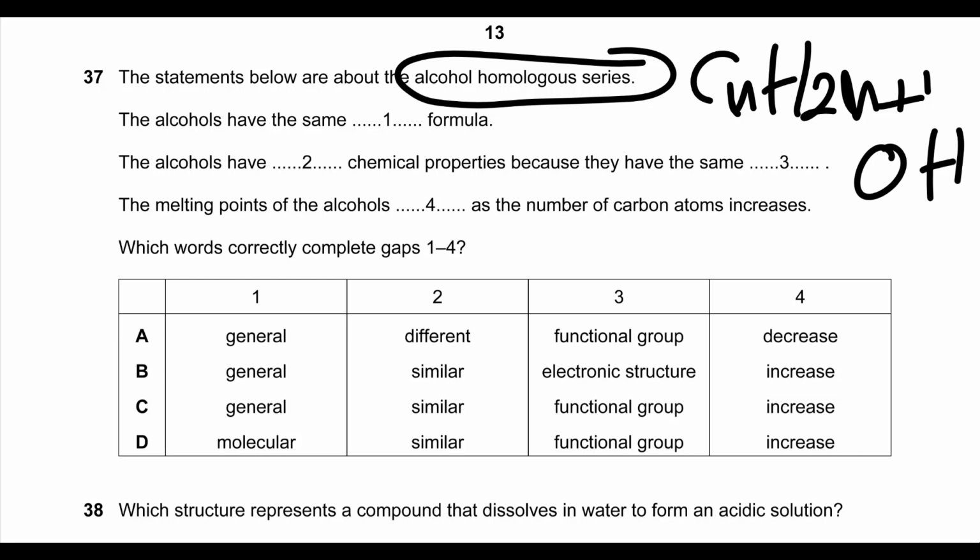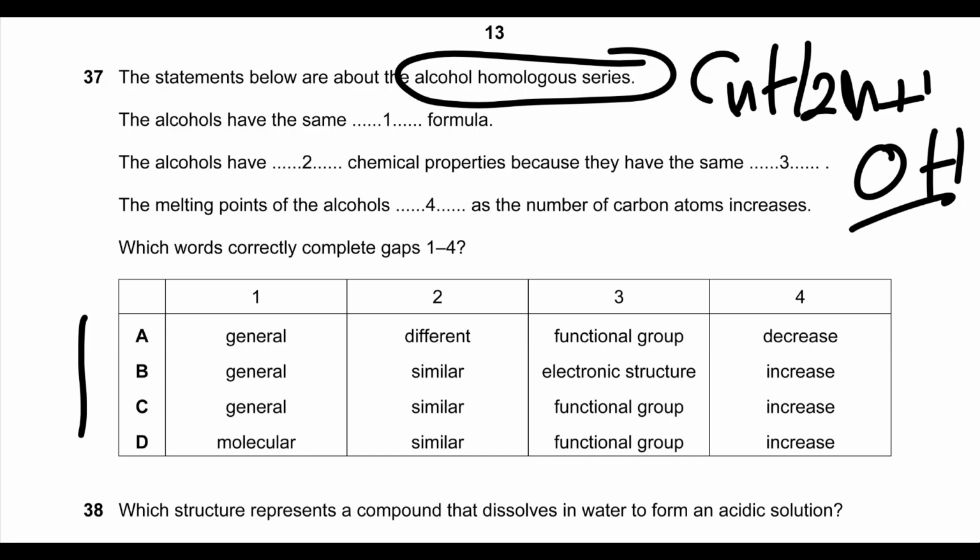You can apply it for all alcohols, methanol, ethanol, propanol, all of them have this general formula. So they have the same general formula, could be A, B, or C. The alcohols have similar chemical properties because they have the same functional group.